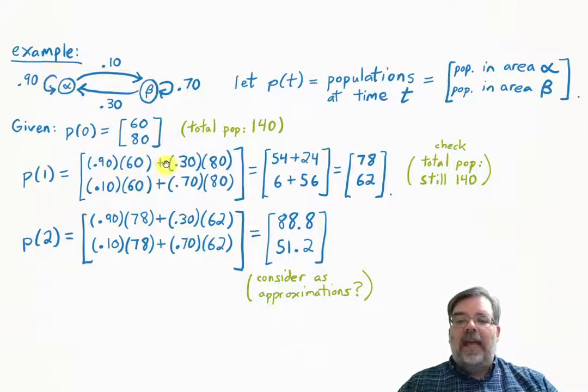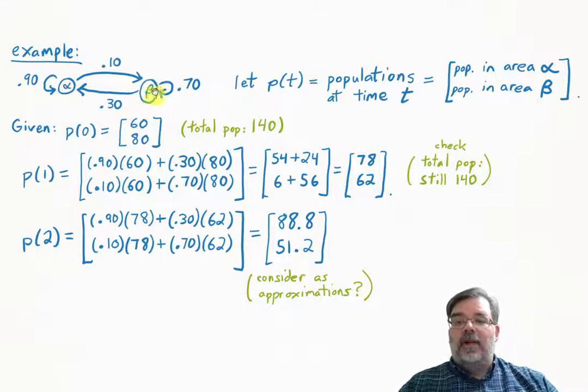Also, we're going to add in 30% of the population from beta, which was initially 80. Right, these are the arrows that point into area alpha. And so they both contribute. In this case, that would be 54 plus 24, which is 78. So the population here during time 1 becomes 78. So that population went way up.